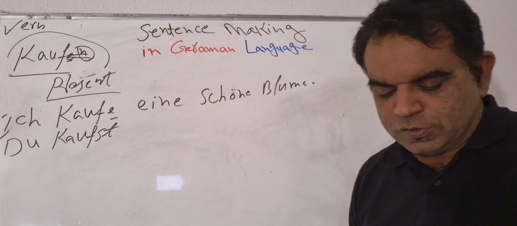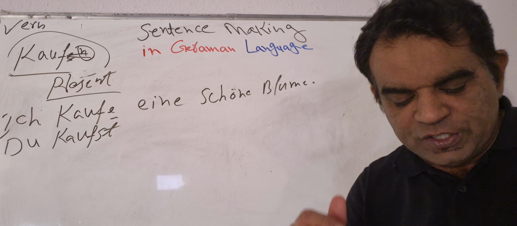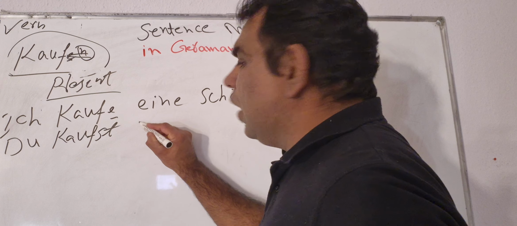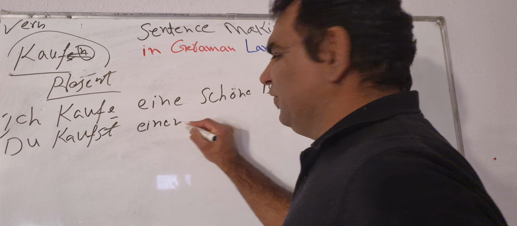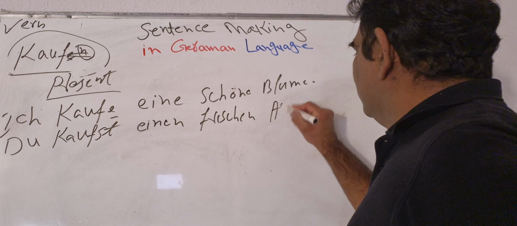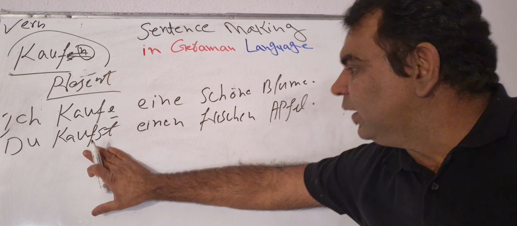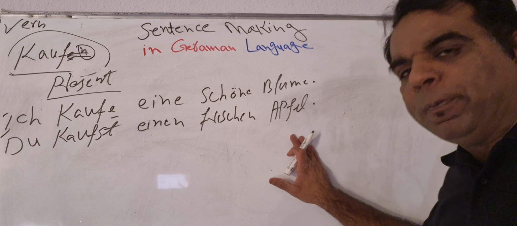Now we can make a complete sentence. Du kaufst einen frischen Apfel. You buy, or you are buying, a fresh apple.